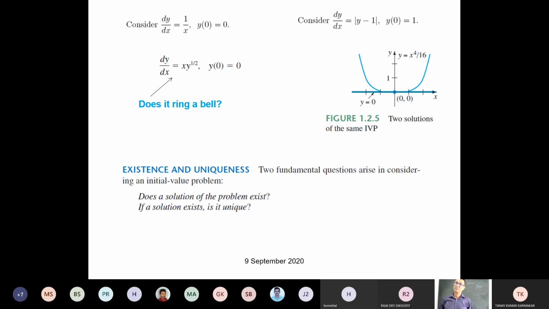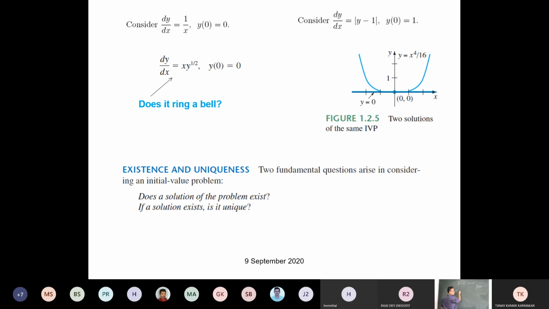Sir, 1 by x is unbounded in the neighborhood of 0. Yes, that is where the problem is. This initial value problem has no solutions.